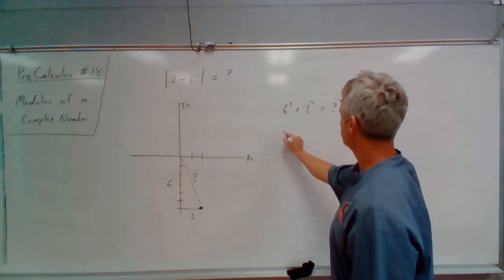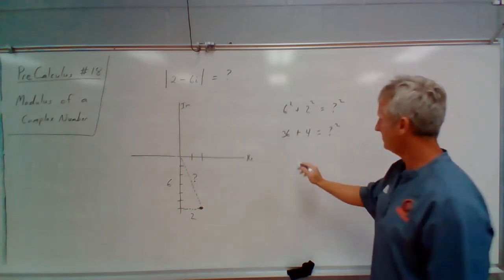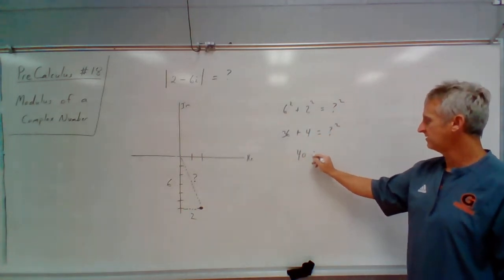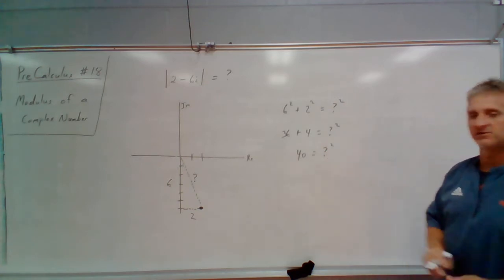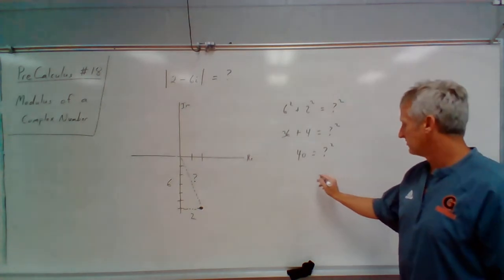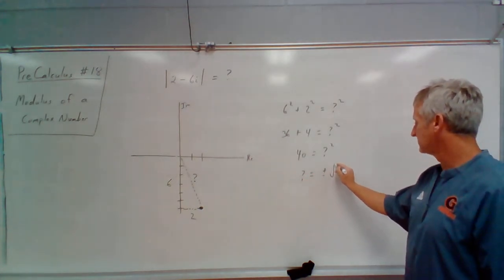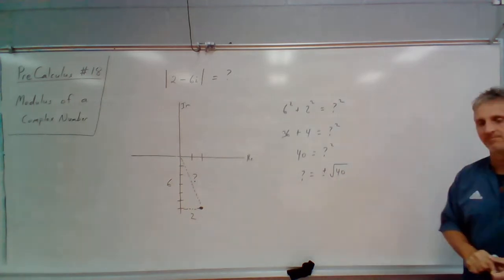So we have 36 plus 4 is equal to question mark squared. 40 is equal to question mark squared. And we take the square root of both sides, and we get question mark is equal to plus or minus the square root of 40.